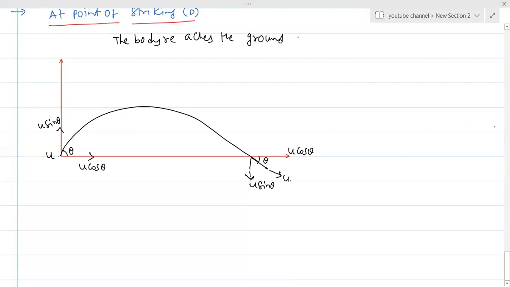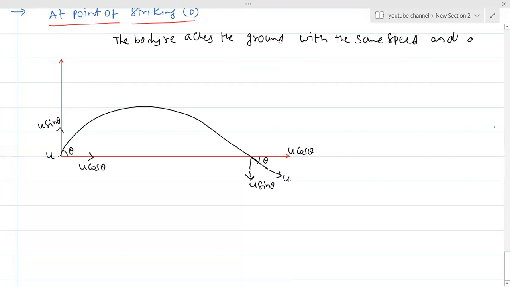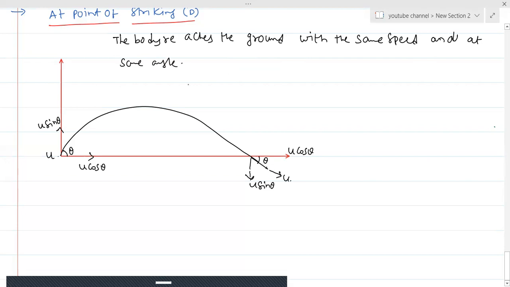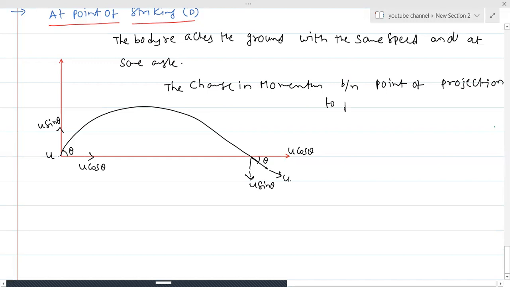The body reaches the ground with the same speed and at the same angle. Therefore, we take the change in momentum between the point of projection and the point of striking.